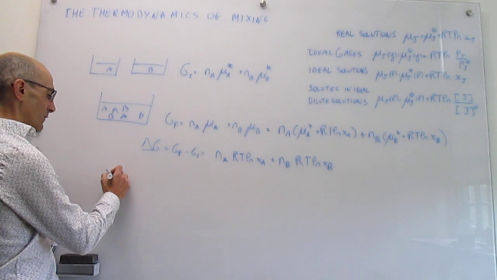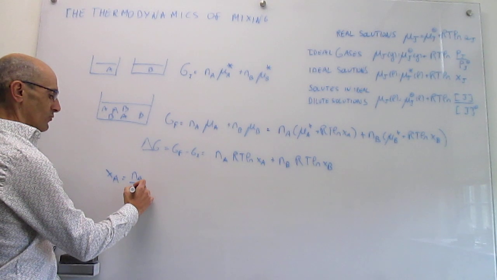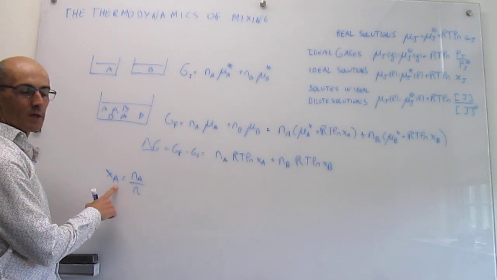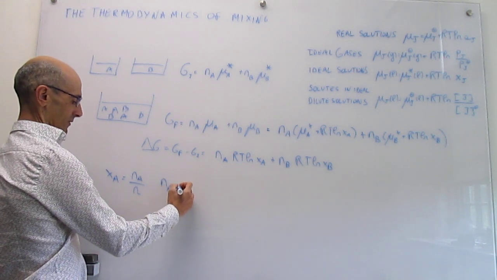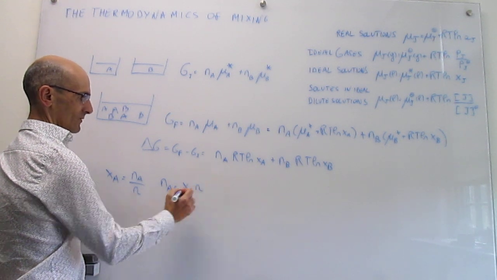We can remember here that the mole fractions are simply N_A over the total number of moles, which I'm going to call simply N. And the same thing would happen for B, right? So notice that then the moles of each species are going to be the mole fraction multiplied by the total number of moles.